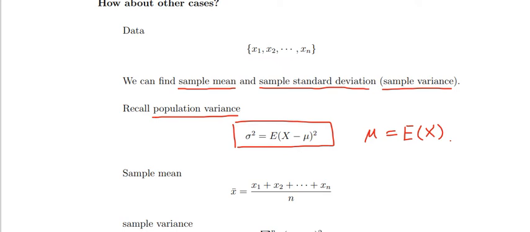Okay, so what is the sample mean? If the data is like this, the average we denote as x bar. So mu is the average for all x.